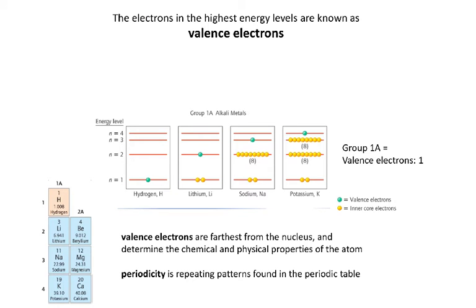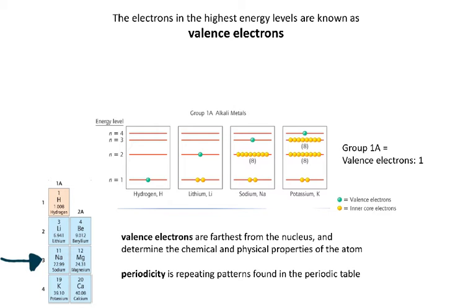You can just remember the valence electrons are the ones in the energy level corresponding to the row that the atom is in. So if you have an element in row 3, then the valence electrons would be the electrons in energy level 3.